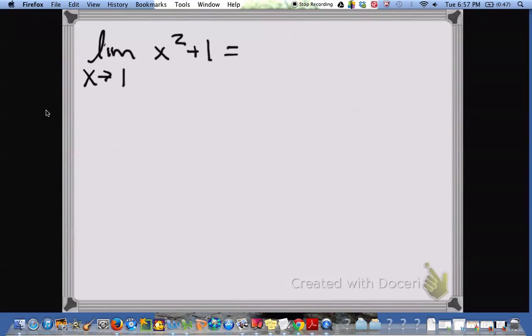This limit is pretty easy because you can solve it algebraically by just plugging in 1 and seeing what value it approaches. So if you plug in 1, you get 1 squared plus 1, so your answer is 2.